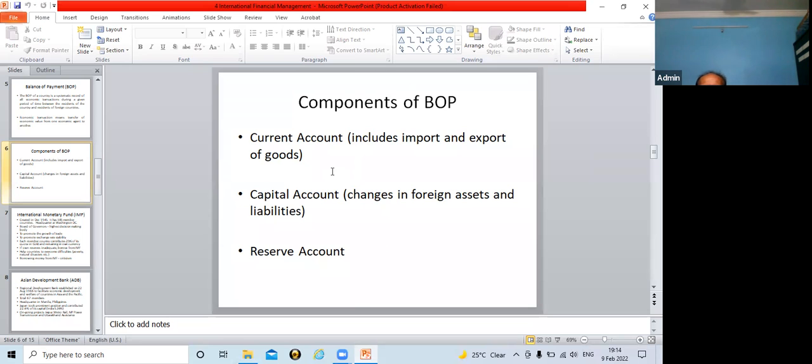Can you give some example of import? India imports what? What are the goods of import for India? Yes, can you share some examples?